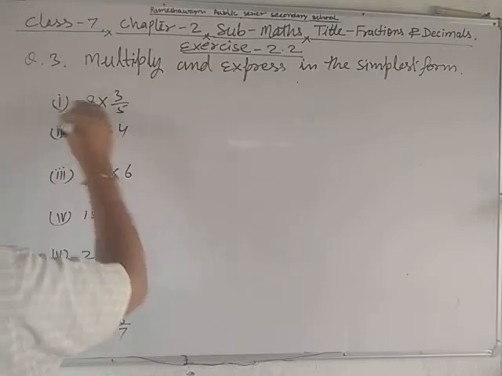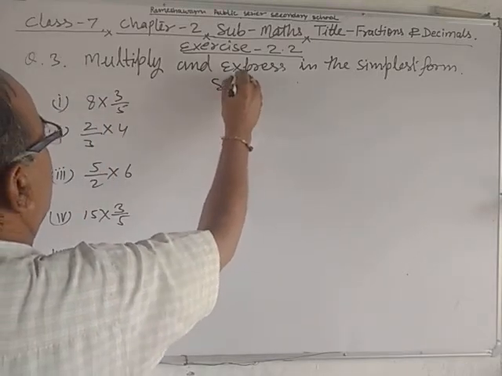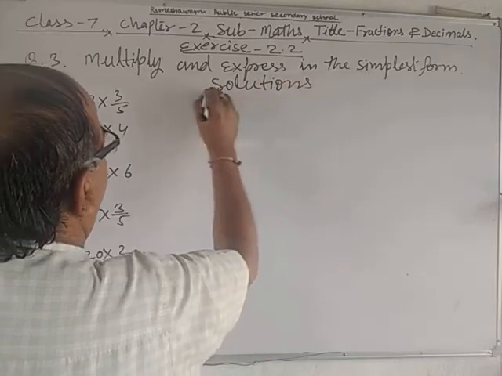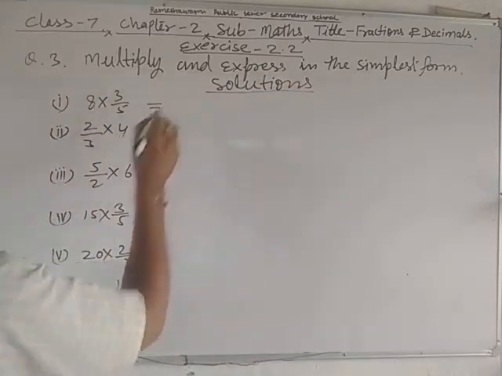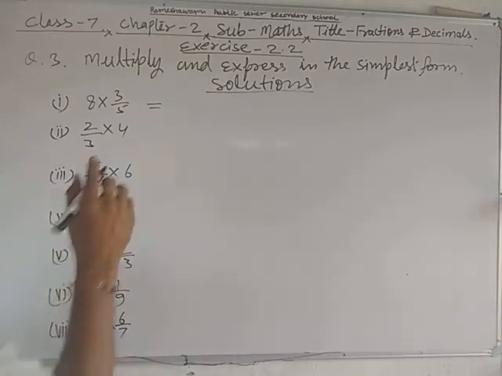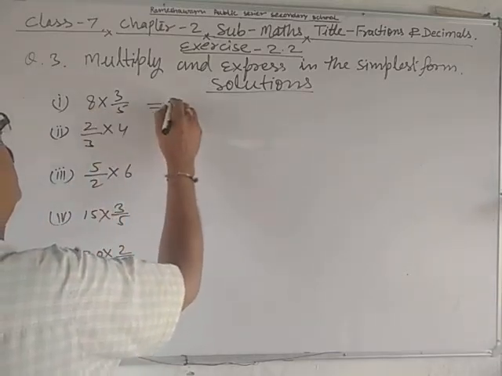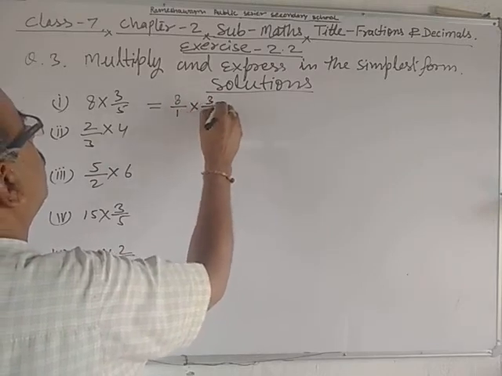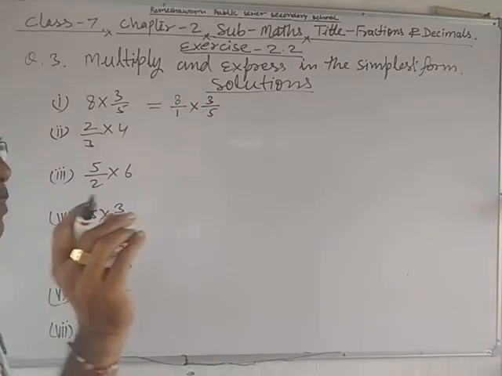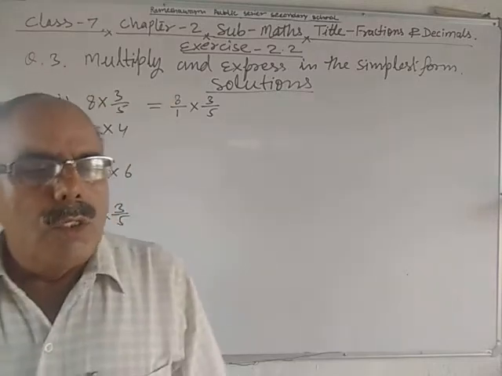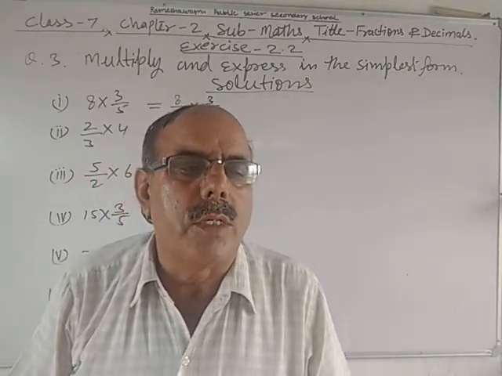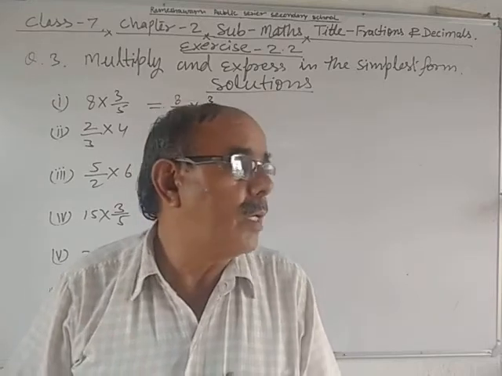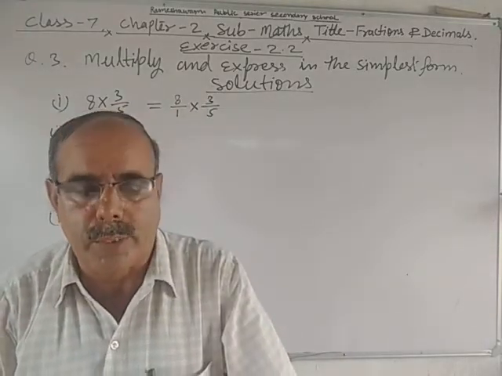Question number 1. Solution: 8 upon 1 into 3 upon 5. If we multiply two fractions, then it is the product of the numerators upon the product of the denominators.